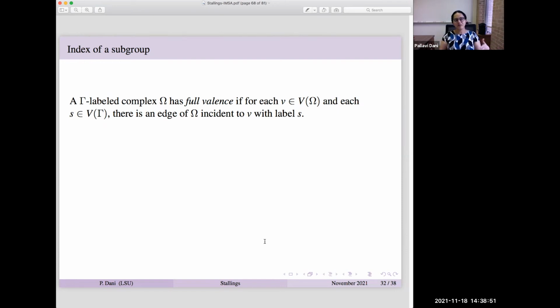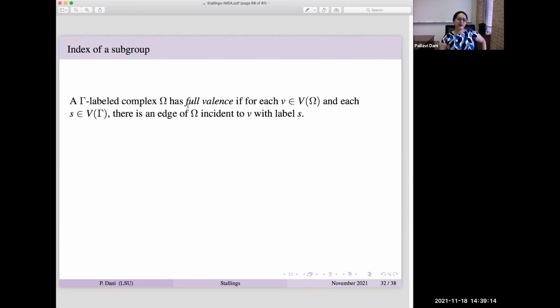If a subgroup is of finite index, then it is necessarily quasi-convex. So definitely one of the things that you're going to require when you want the subgroup to be of finite index is that the completion should be finite, because it has to be quasi-convex. And the other property is the same property that we had in the free group setting.